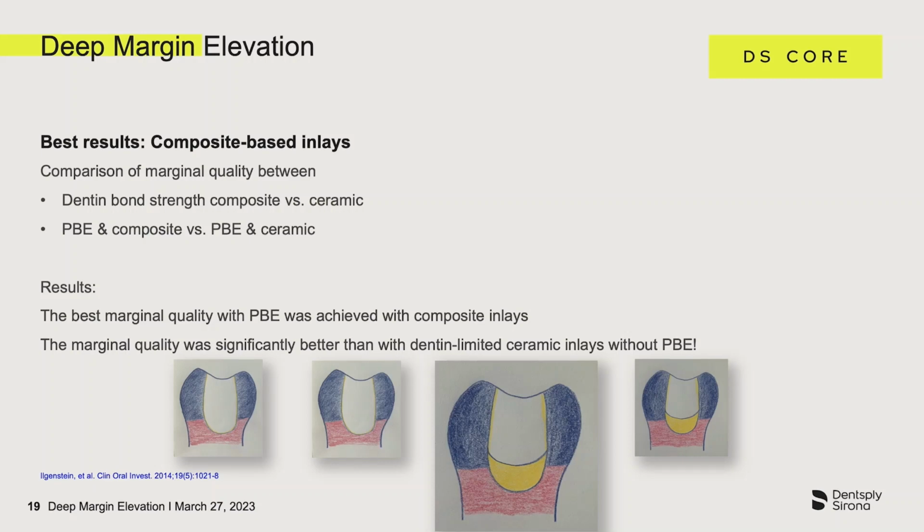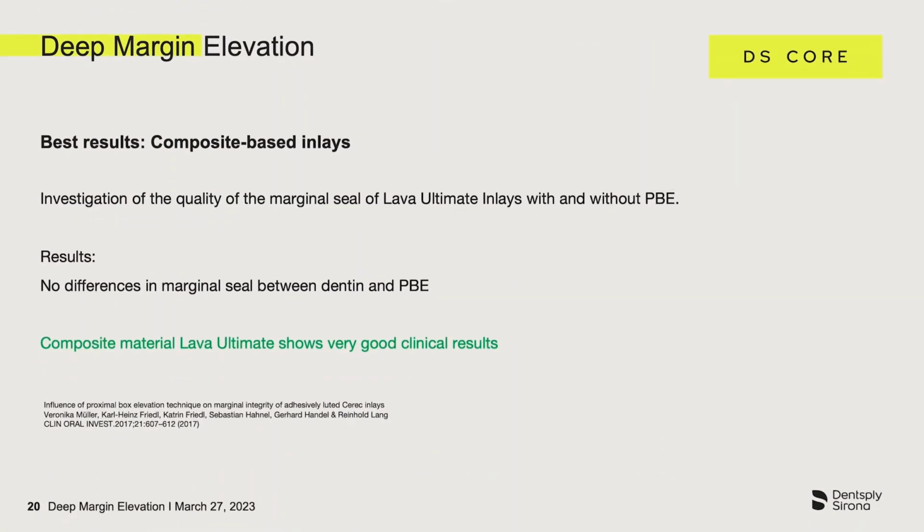There is another study where the marginal quality between Lava Ultimate inlays with and without deep margin elevation was investigated. It was shown that there was no difference in marginal quality between dentin and proximal box elevation.